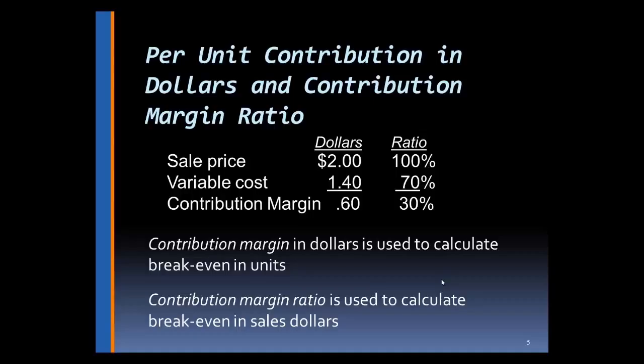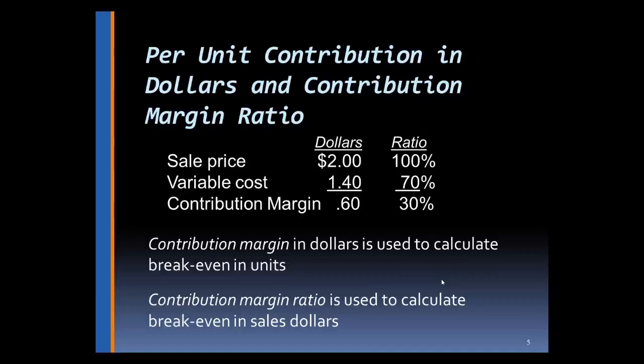In order to arrive at the break-even, we need to learn how to calculate the contribution margin and the contribution margin ratio. Here's a schedule that's got two columns in it, dollars and ratio. The sales price per unit is $2. The variable cost is $1.40. The contribution margin is 60 cents.